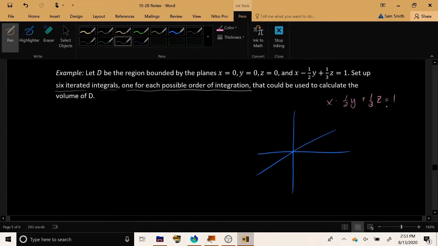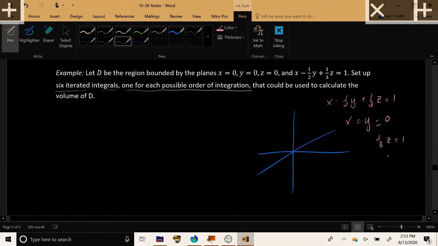I'm going to graph a few points on this plane to get a sense of how it's oriented in space. Suppose I set x and y equal to 0, then 1/3 z equals 1, which tells me the corresponding z value would be 3.